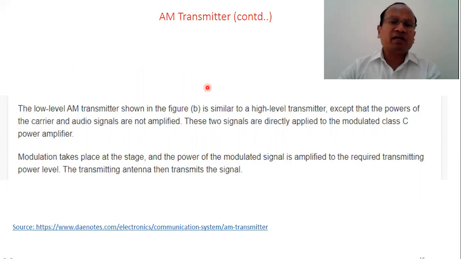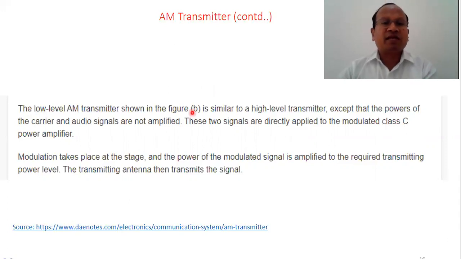So for the AM transmitter, we have seen the high level transmitter and the low level transmitter. When it employs a class C power amplifier, obviously it's a high power amplifier, high level modulator, and high level AM transmitter.